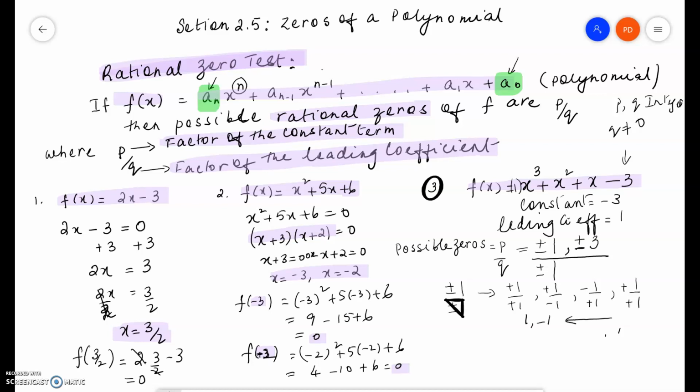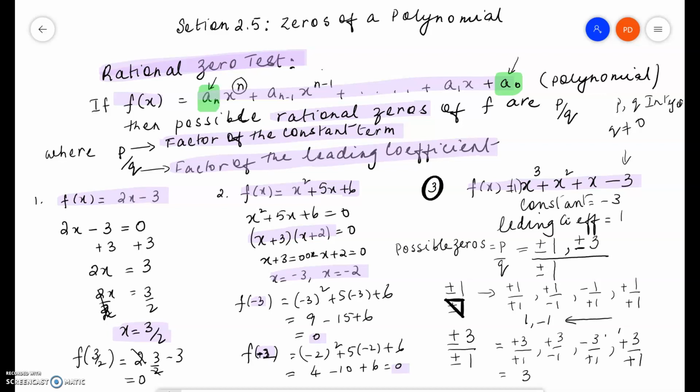Next, we take plus or minus 3 in the numerator, and of course the only possibilities in the denominator are plus or minus 1. So it could be plus 3 over plus 1, plus 3 over minus 1, minus 3 over plus 1. So these are all possible values in the denominator and numerator combined.